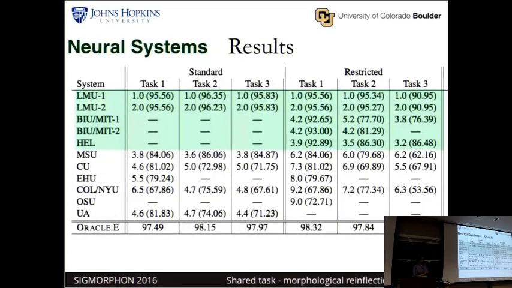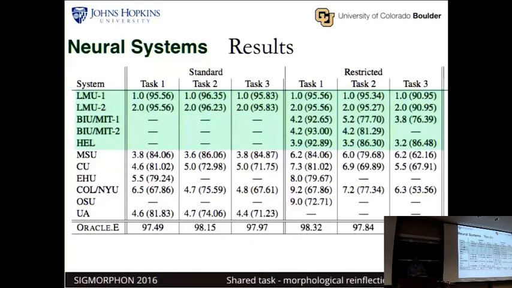So here are the results. The overall results, the green stuff is the neural networks. And it turns out that in a lot of cases, especially for the best system, the neural networks outperform anything else by around 10 percentage points across all tasks, across all languages. So that was pretty startling. We don't fully understand what the limitations of this sort of thing are yet.